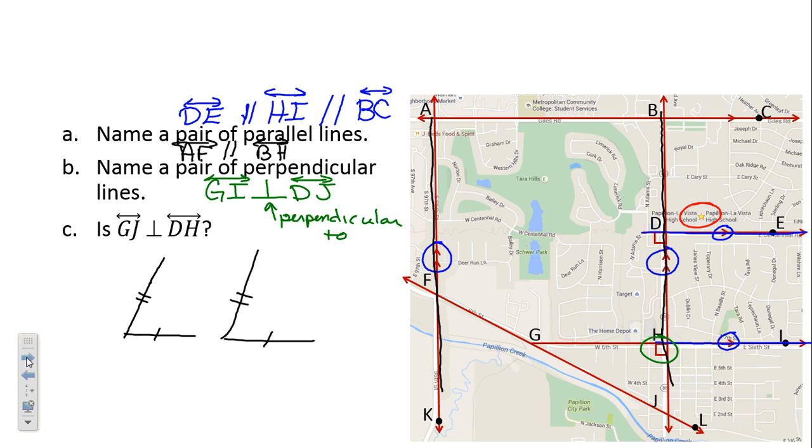And there are other perpendicular lines, right? So is GJ, this guy, perpendicular to DH? What do you think, Jade?